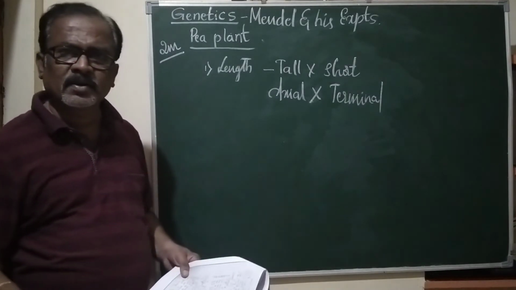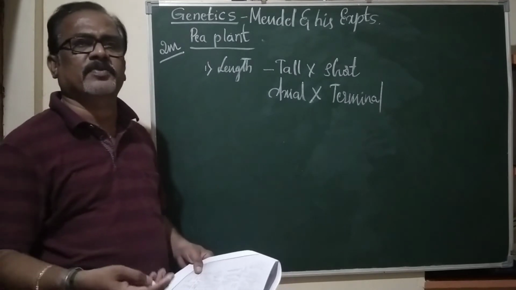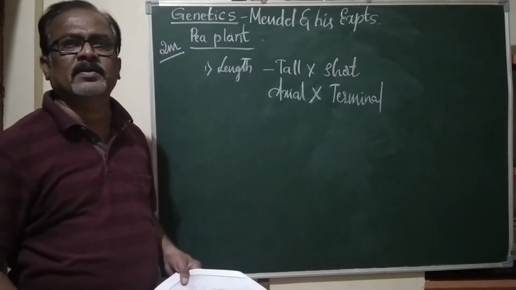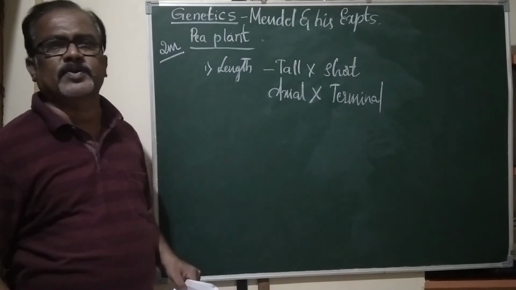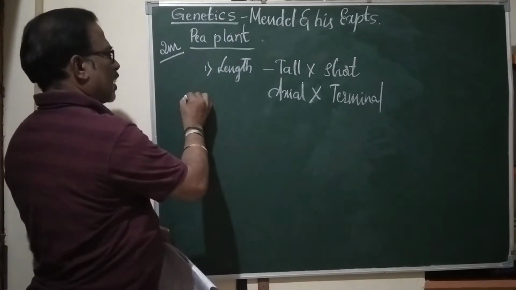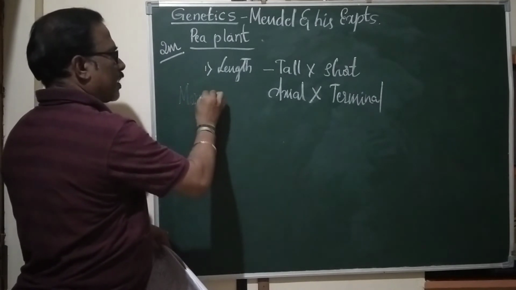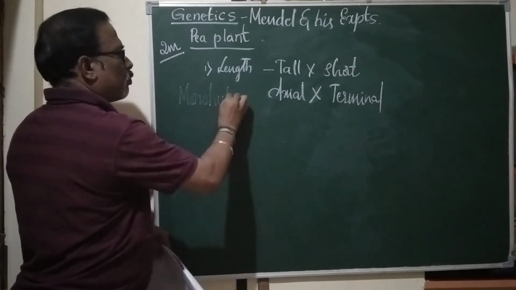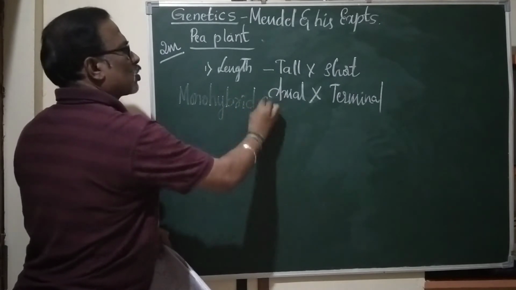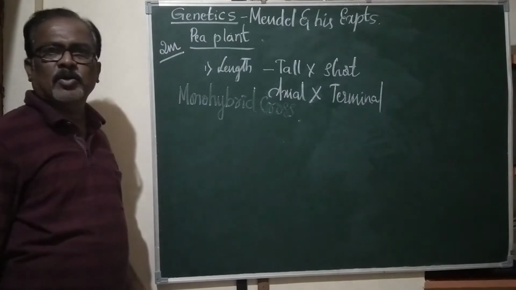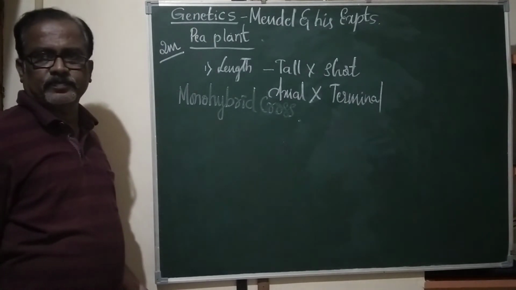After selecting the garden pea plant for his experiments, Mendel started his work. The work of Mendel, first one, is monohybrid cross.